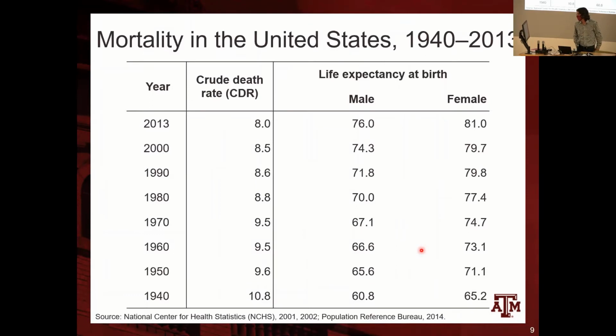The mortality in the US, we also have been seeing improvements and people living longer. When you look only at the crude death rate, you don't see much improvement here between 1980 and 2013, exactly because this is just getting the overall number of people dying in the US in each one of these years, divided by the population, multiplied by 1,000, right?